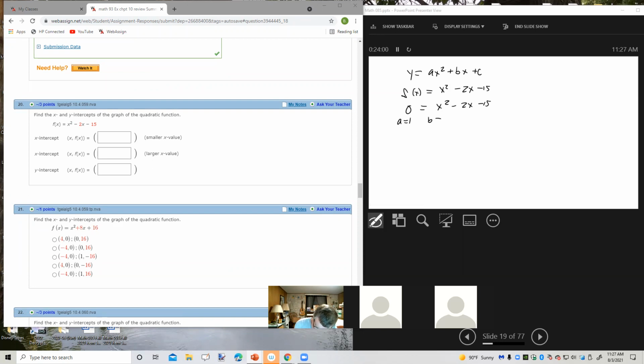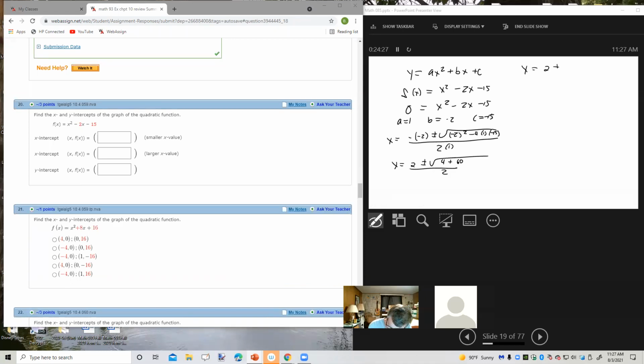A is 1, B is negative 2, C is negative 15. So x is negative b plus or minus the square root of b squared minus 4ac all over 2a. So x is 2 plus or minus the square root of 4 plus 60 all over 2.